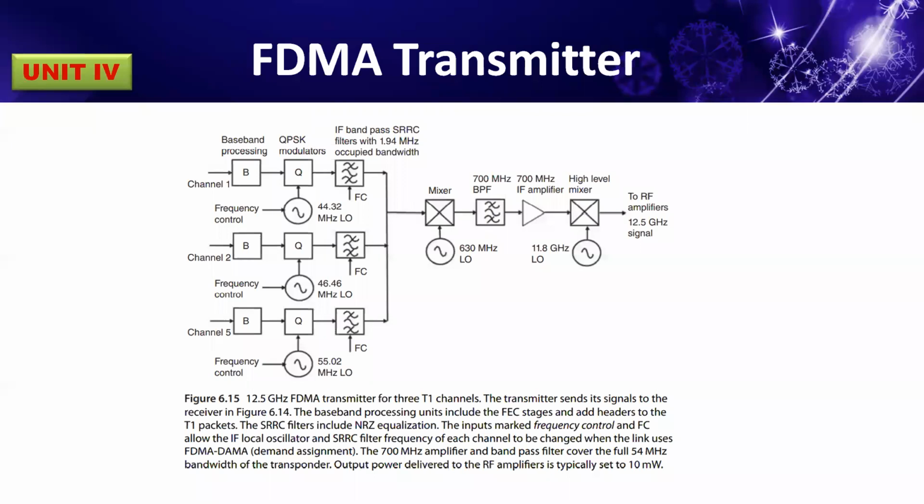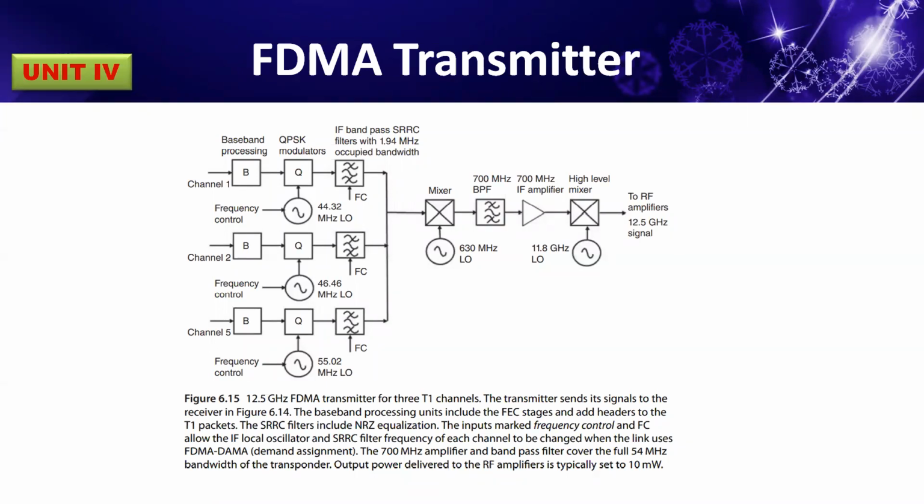From the 630 megahertz local oscillator, the signal is applied to the 700 megahertz band pass filter, from where it is down converted by the IF amplifier.